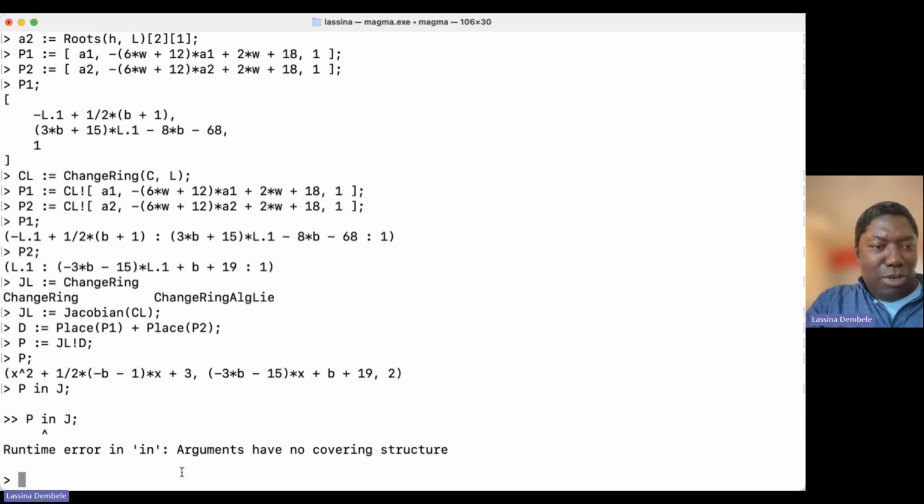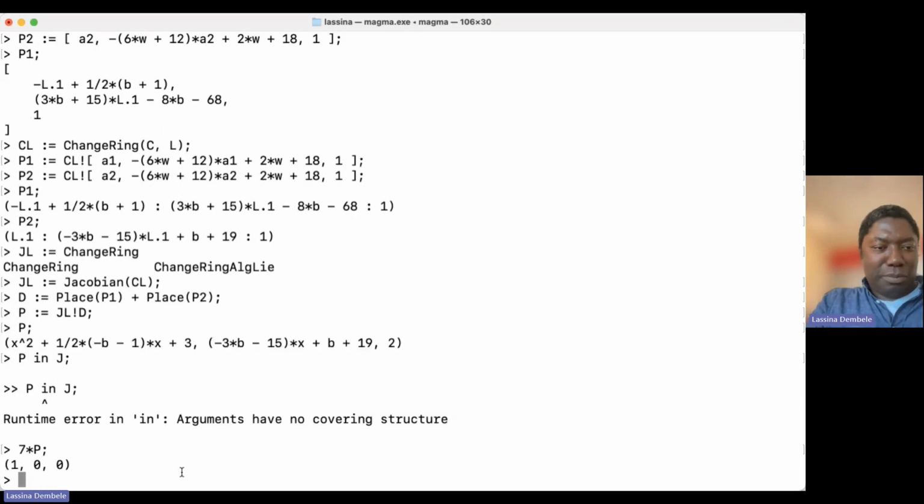One way to check this: you can clearly see that this is a divisor of degree 0, which is defined over the quadratic field, and this is a rational point on the quadratic field. And you see, if I take 7 times this point, I get the trivial point, the point at infinity. So what this means is that the point that we just constructed is a point of order 7, right?